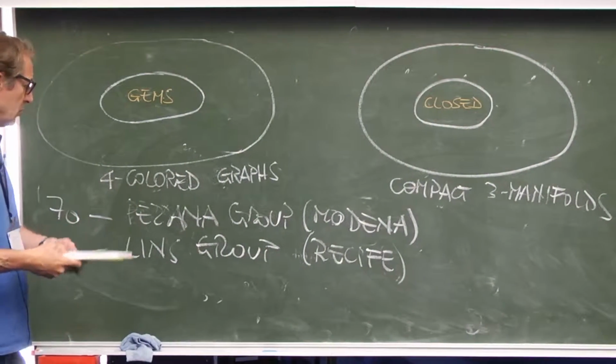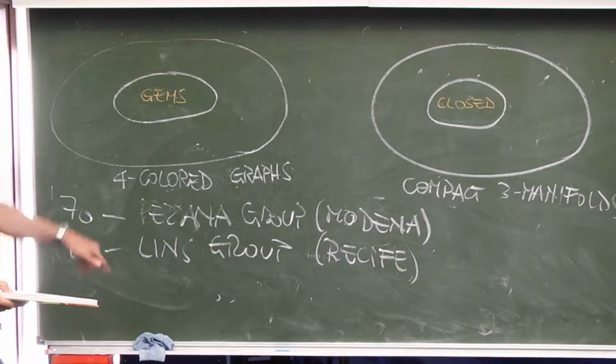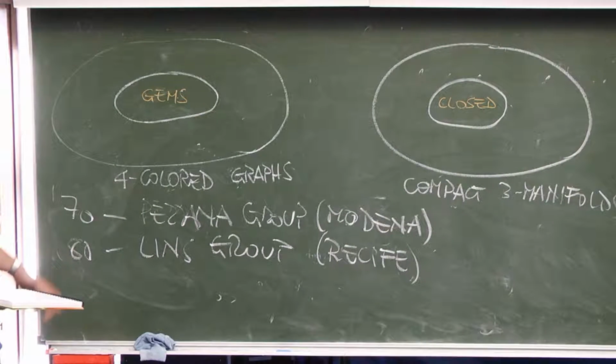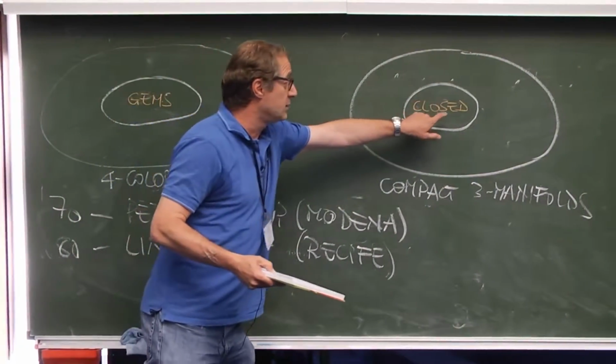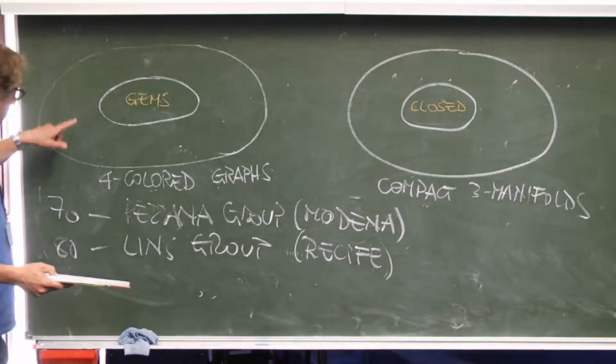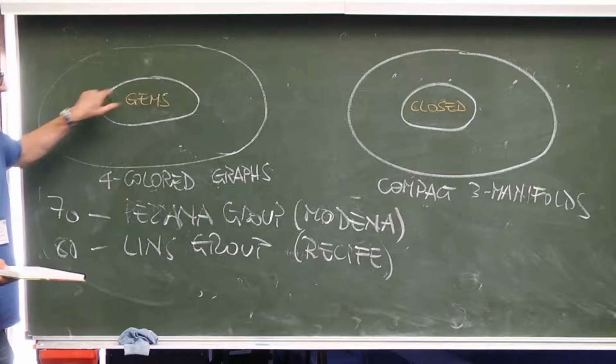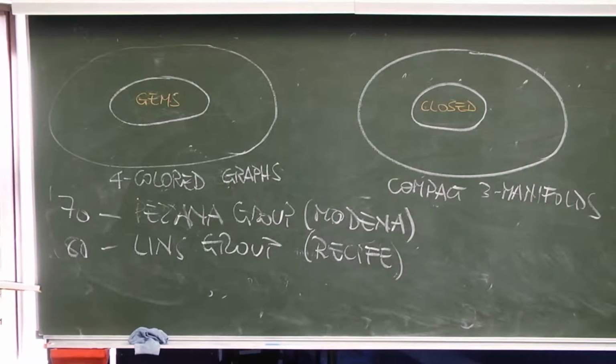We will follow the Lins construction, but the other is dual, so it gives the same result, to construct closed manifolds from four-colored graphs belonging to a special class.